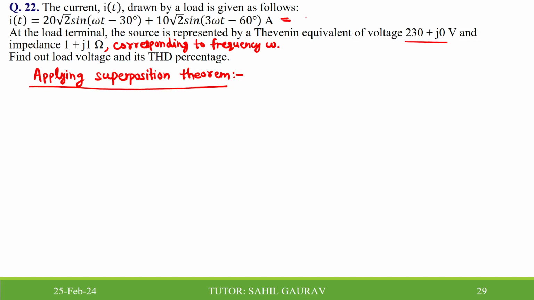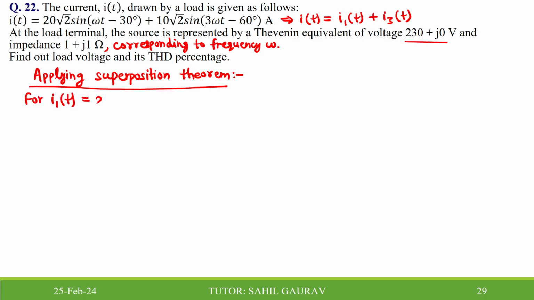This current expression drawn by load is given as IT. So you can represent IT as two parts, I1T plus I3T. So we are going to consider first part, I1T.